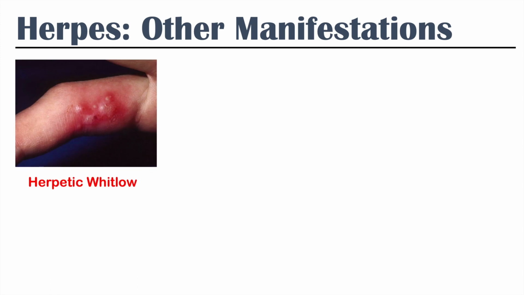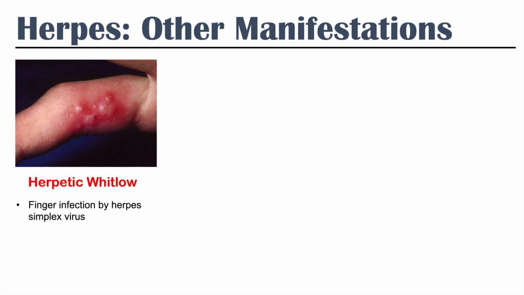Now, I want to also talk about other manifestations of herpes. We can get what we call a herpetic whitlow. And basically, this is an infection of herpes simplex virus on a finger. So perhaps you've maybe had it on a lip, or had a cold sore, and you maybe had a break in the skin or something else that leads to an inoculation of a finger.